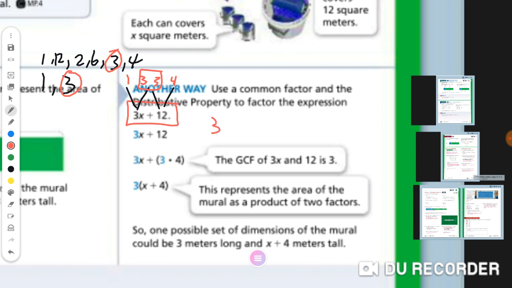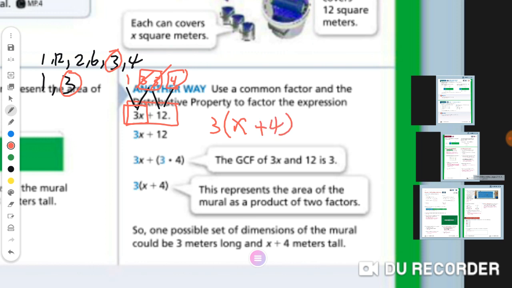I write 3 and open a bracket. From the first term, I take 3 multiplied by 1, so the remaining is 1x, written as x. In the second term, I take 3 and the remaining is 4, so plus 4.